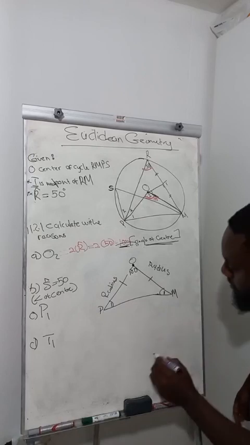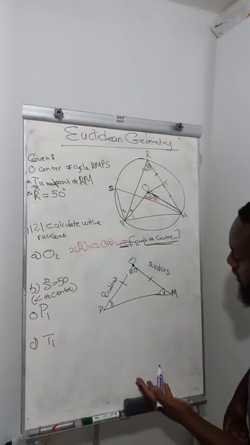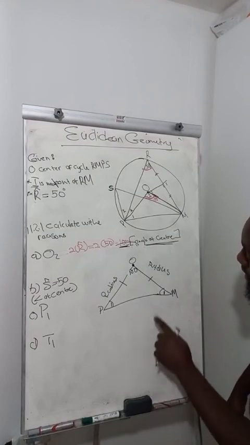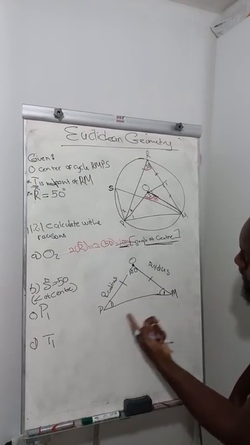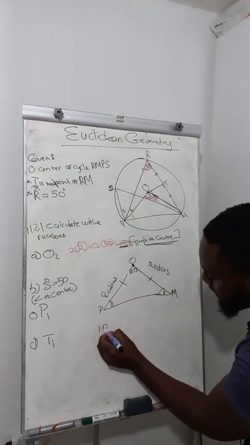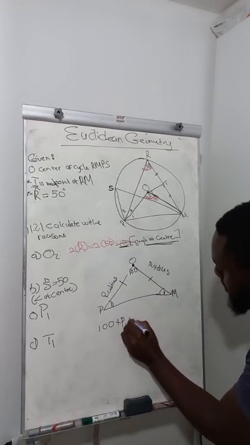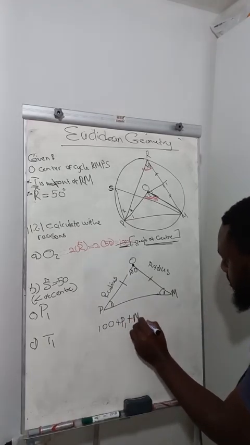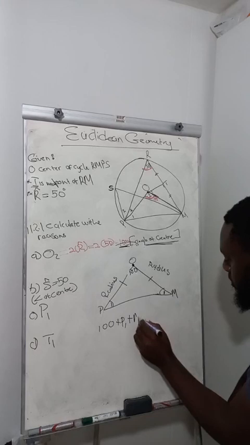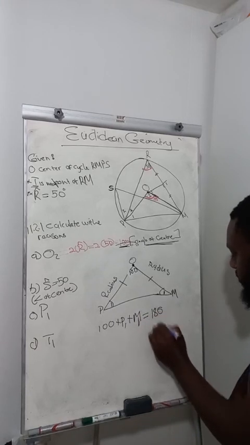So you can then say what? What can I say? You'll say the sum of angles of a triangle add up to 180. So you'll say 100 plus P1 plus M is equal to 180.